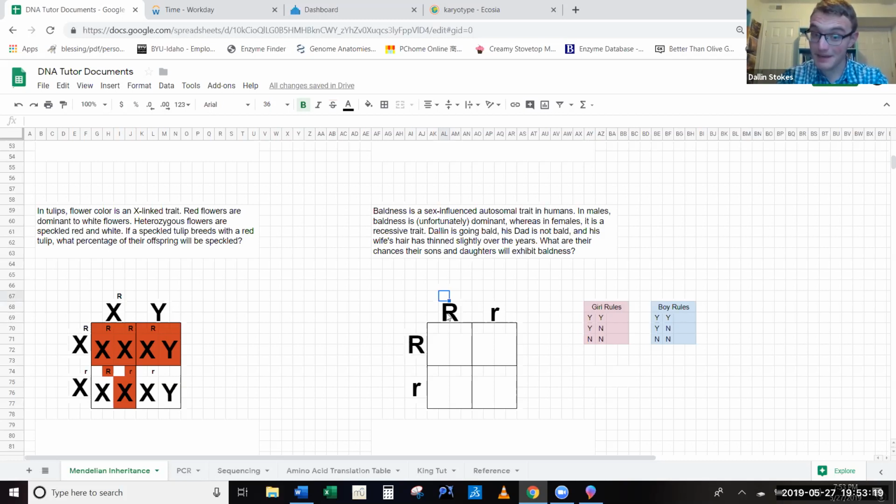But for a female, big R means not bald. So now we're talking about baldness and the letters change. That is going to blow people's minds, because once you stick them together like this, big R, well, is that person bald or not? I don't know. It depends on where the R came from. Don't do that.